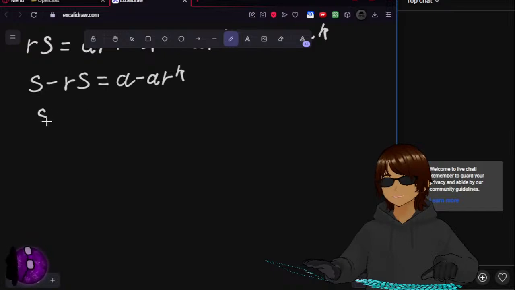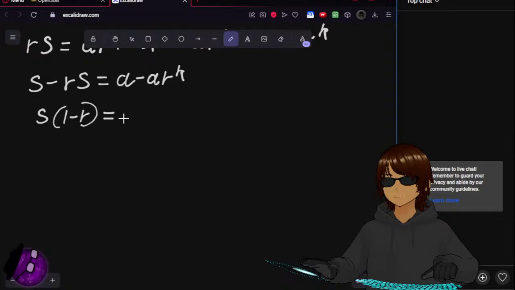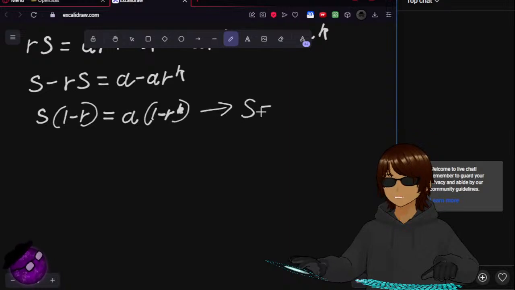And we can extract s out. You can extract a out. And then this would be s equals a times 1 minus r to the power of k, over 1 minus r.